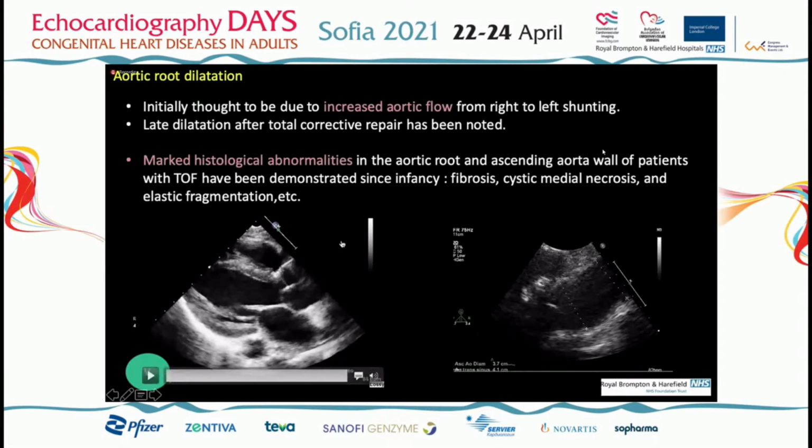However, some studies performed in our center confirmed that the risk of dissection is actually very low in patients with tetralogy of Fallot. And the current recommendations are that we follow the same criteria as for the general population for operating on aortic root dilatation, according to its size and also to the secondary degree of aortic regurgitation that can happen.